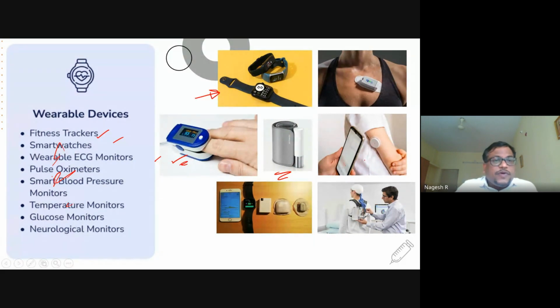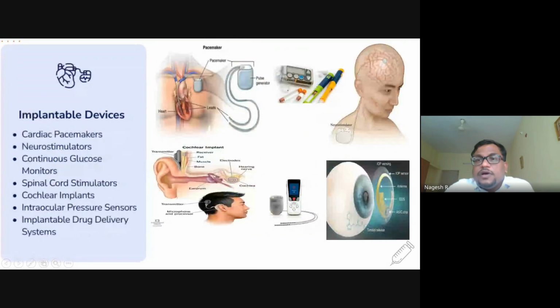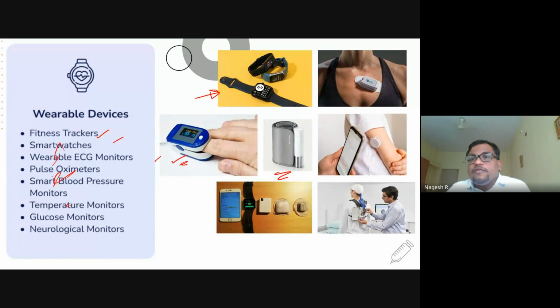This is one such device, a smart glucose monitor, which a few of you would have come across. It is stuck to the body and transmits information through an app to the smartphone, giving us real-time information about the blood sugar level.